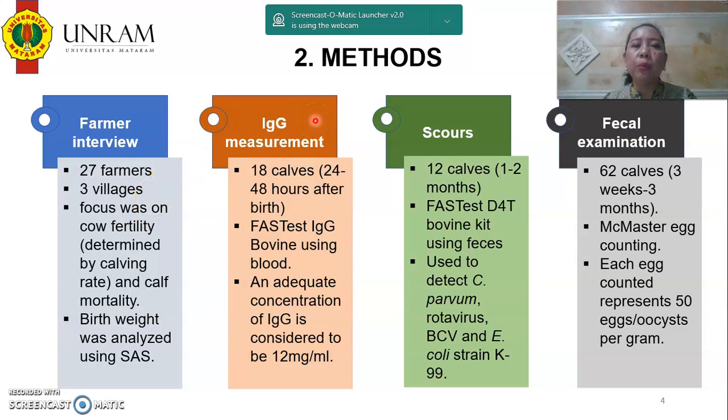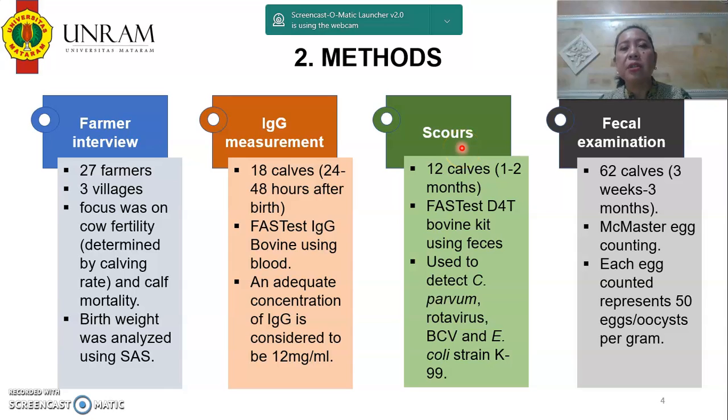For immunoglobulin G measurement, our sample is 18 calves. The blood samples were collected from calves 24 to 48 hours after birth and then tested using Fast Test IgG bovine. An adequate concentration of IgG is considered to be 12 milligrams per milliliter, and calves were classified as having failure of passive transfer below this threshold.